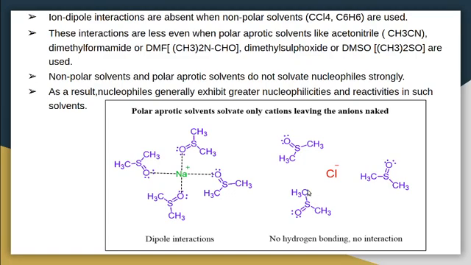No such bonding is possible for the nucleophile, so it will have the same nucleophilicity in the reaction. So if we use a polar protic solvent, it can solvate the nucleophile and the nucleophilicity will decrease. But if we use a polar aprotic solvent or non-polar solvent, it will not solvate the nucleophile, so nucleophilicity will remain as such.